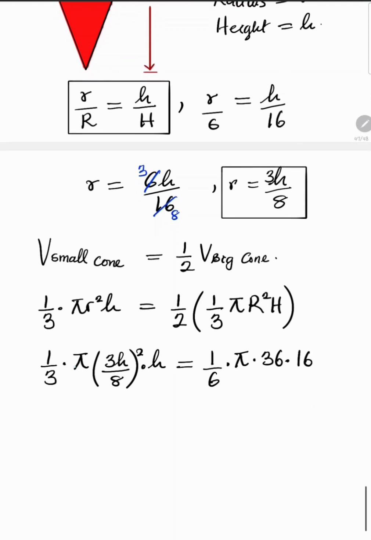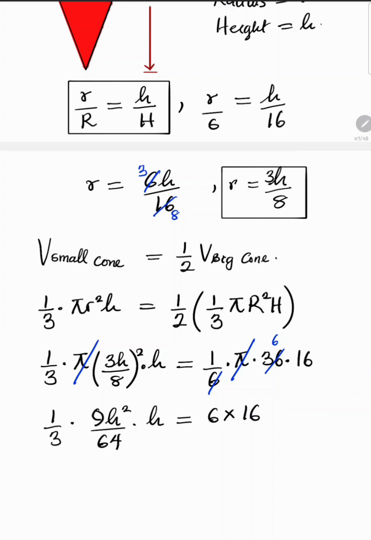So from both sides, we can see that this can take care of this. So we have 1 over 3, then 3h all square will give us 9h square over 8 square will also be 64, by h is equal to, we can reduce this from here, 6 here 1 and 6 here 6. So on our left hand side we shall have 6 multiplied by 16 left.